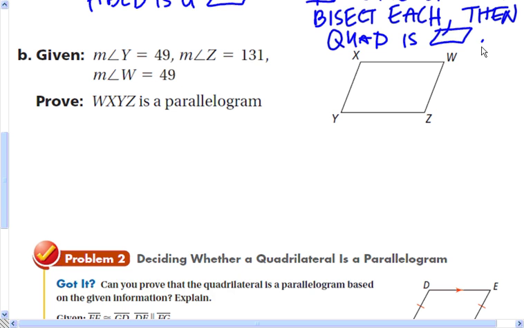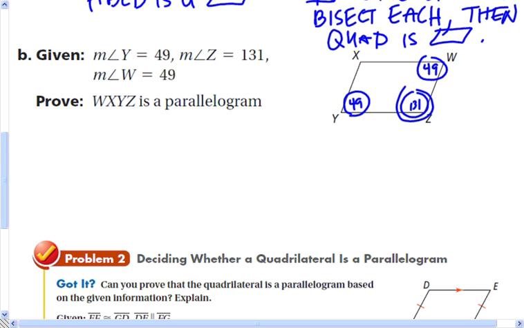All right, so we're given that the measure of angle Y is 49, that's this one. And we're given the measure of angle Z is 131. And we're given the measure of angle W equals 49. And if you look closely here, you'll notice that those two numbers add up to 180. And those two numbers add up to 180.